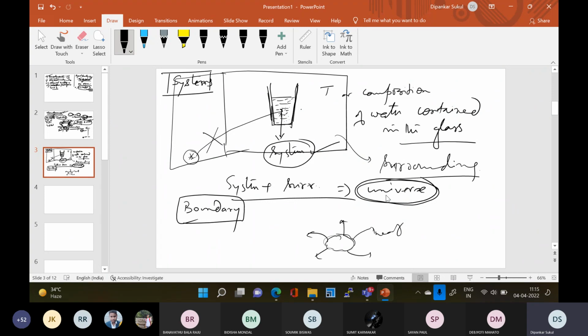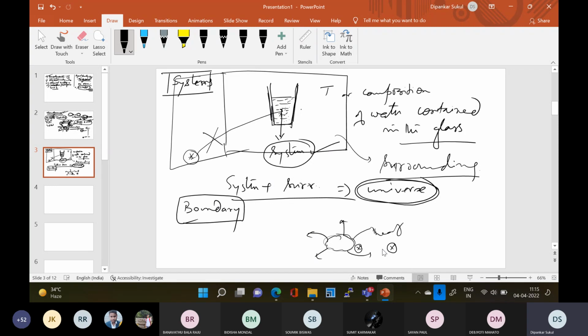The answer is also no. Because if I ask you the temperature of the surrounding here, if you measure the temperature at this point, the temperature will be high. If you measure the temperature at this point, the temperature will be lower than at that point. In that way, your surrounding cannot have well-defined properties. That's why the surrounding itself is not well defined. These are some consequences. I will explain later on.